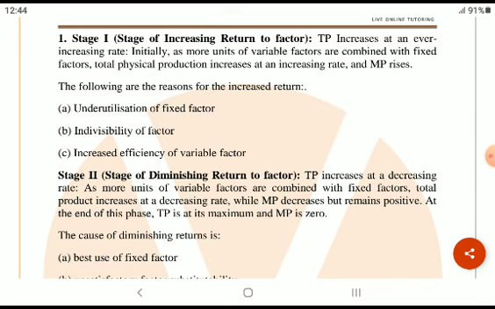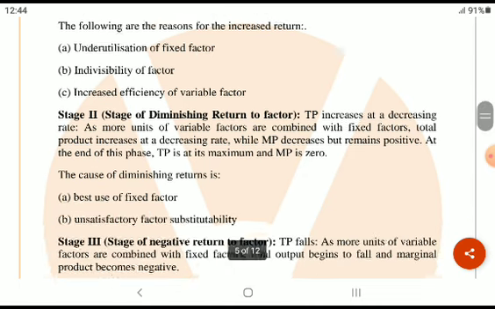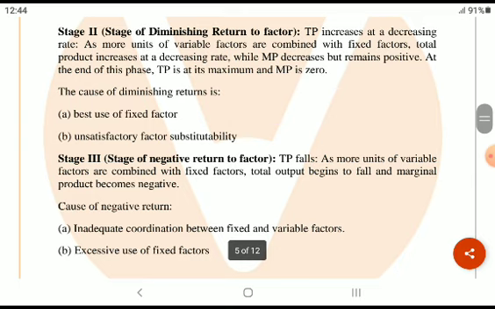At the end of this phase, TP is at its maximum and MP is 0. The causes of diminishing returns are best use of fixed factor, unsatisfactory factor substitutability.